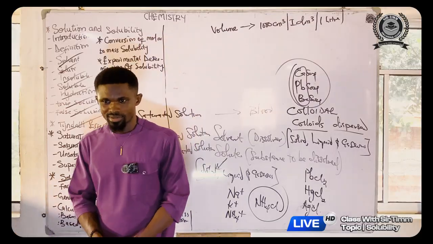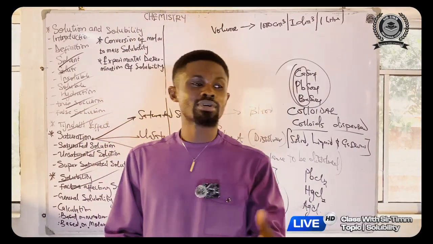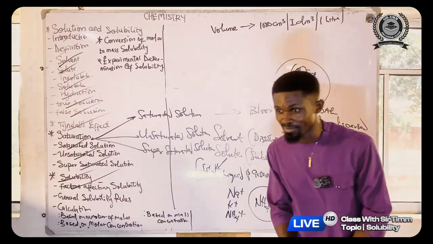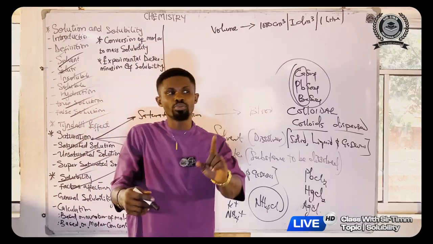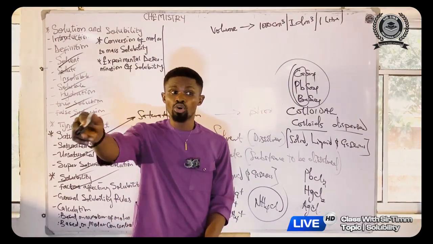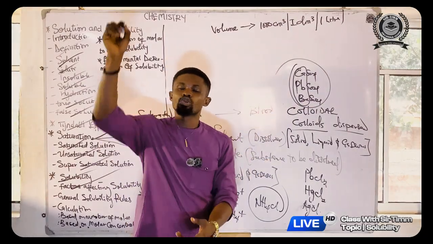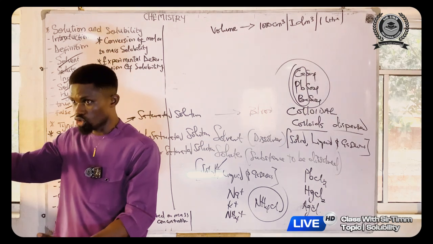Sodium carbonate, potassium carbonate. Sodium carbonate will not be insoluble because of the potassium and sodium, since all salts of potassium and sodium are soluble. So even though most carbonates are insoluble, those of potassium and sodium will be soluble.